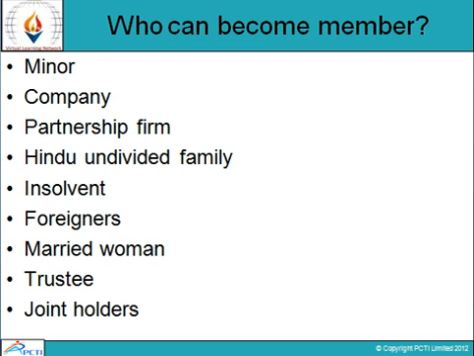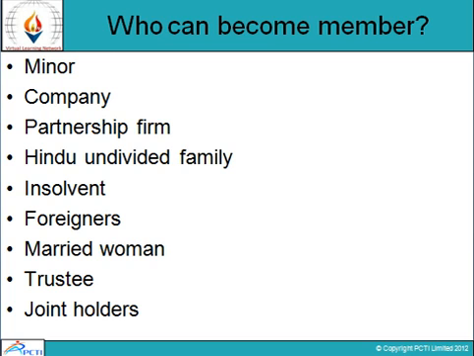A company being a legal person is competent to contract. Therefore, a company may become a member of another company if it is authorized by its memorandum of association. However, a subsidiary company cannot become a member of its holding company.